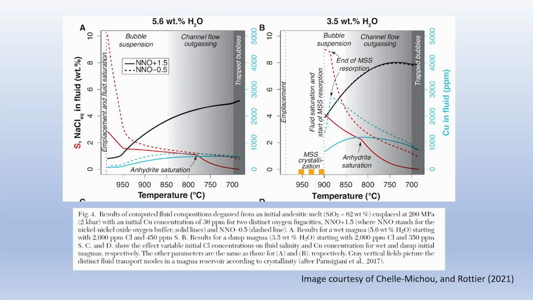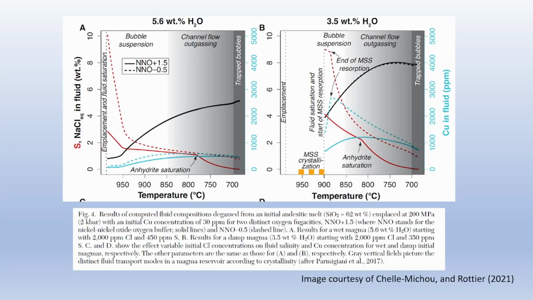It's a process where previously formed sulfides dissolve back into the melt and release their stored copper and sulfur. It's like magma takes a second breath, a late-stage recharge that gives the fluid another shot at collecting ore metals.